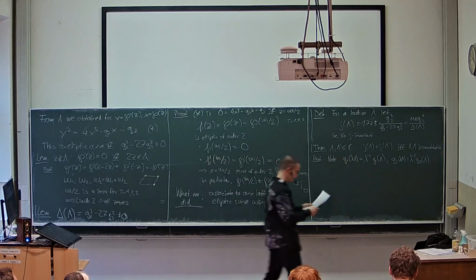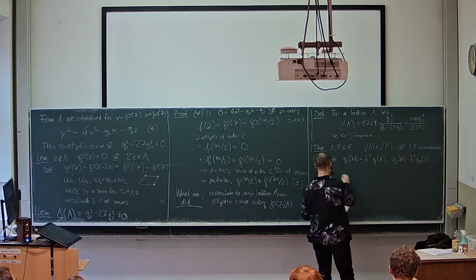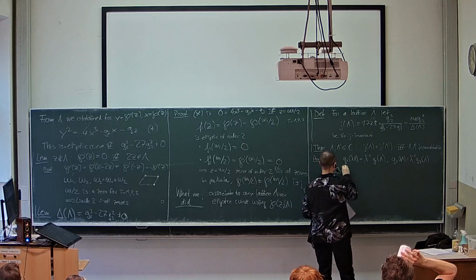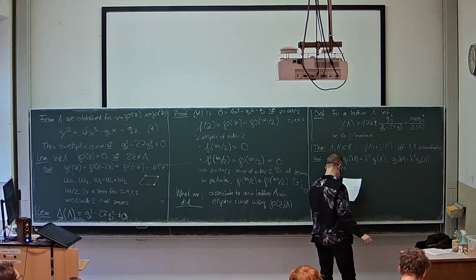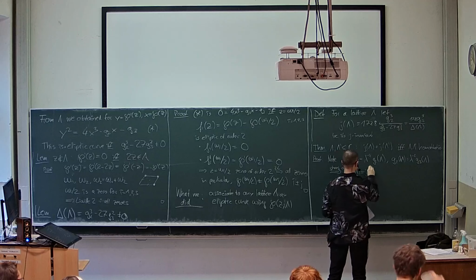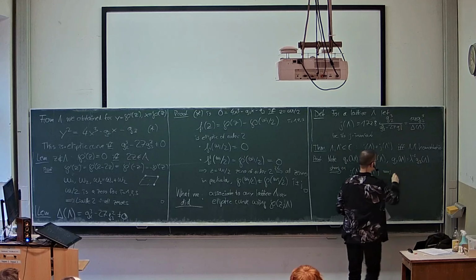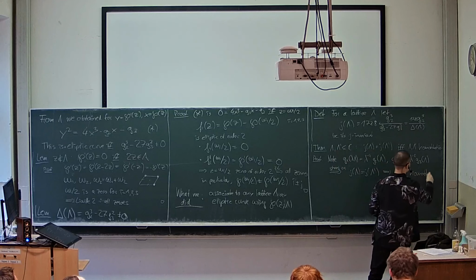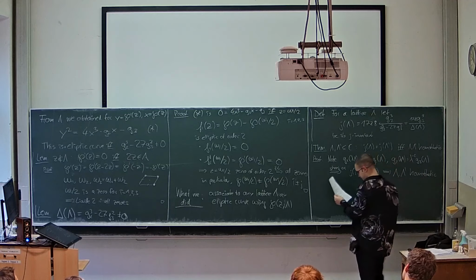So by what we proved on sheet 1, if the J invariants agree, lambda 1 and lambda 2 are homothetic. Okay.